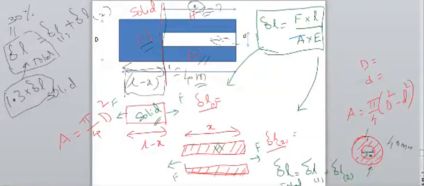Like the previous problem, we need to separate this into two portions: the first portion is a solid body and the second portion is a hollow body.